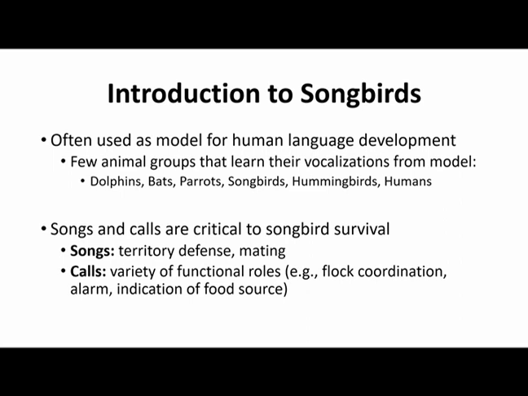Basically, a baby songbird needs to hear an adult of its own species produce species-typical vocalizations in order for that baby to itself be able to produce normal vocalizations when they're an adult. So kind of like human babies have to hear their parents or other adults talking and interacting to learn a language, songbirds are the same. They need that exposure to a model to learn species-typical vocalizations.